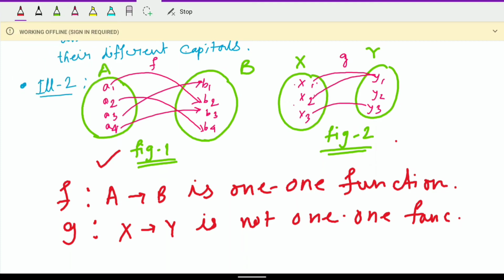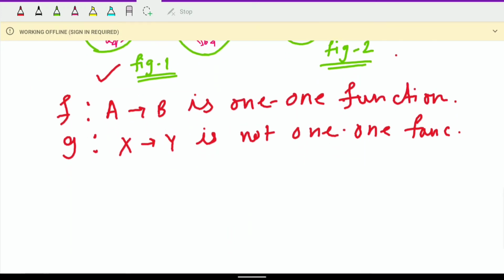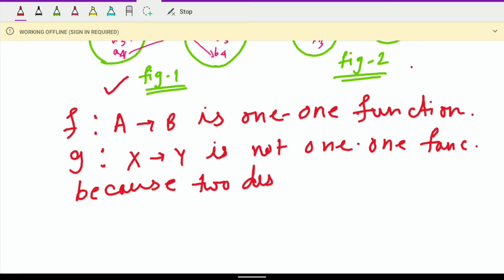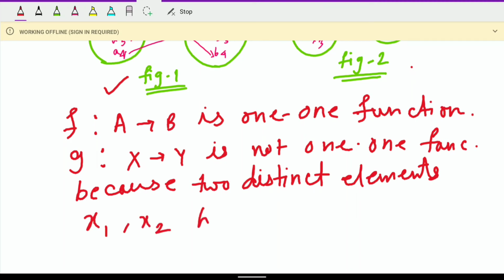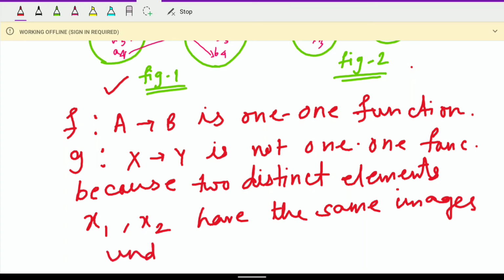So that's why g is not a 1-1 function, because two distinct elements, x1 and x2, have the same image under function g.